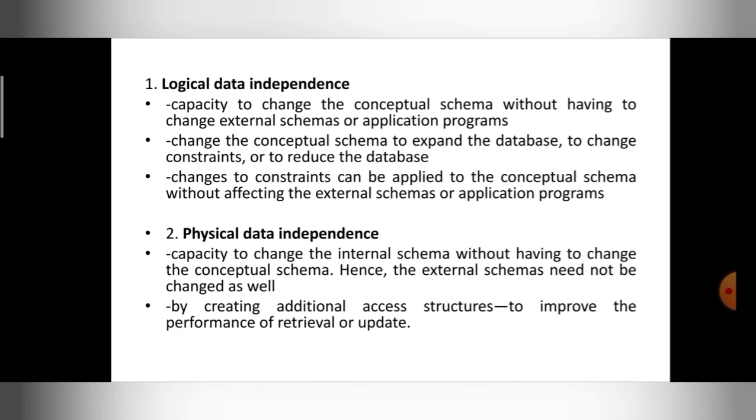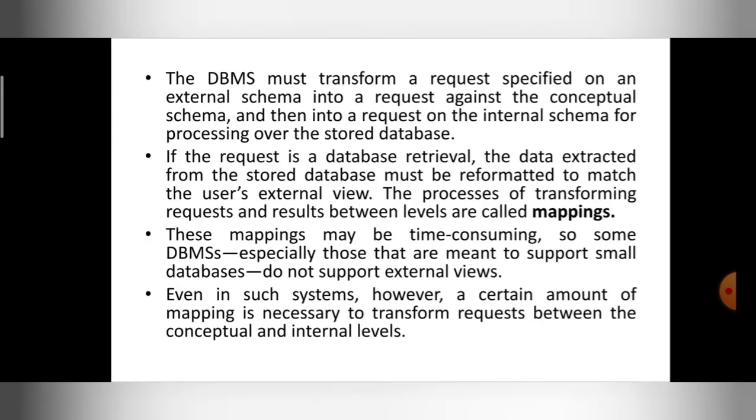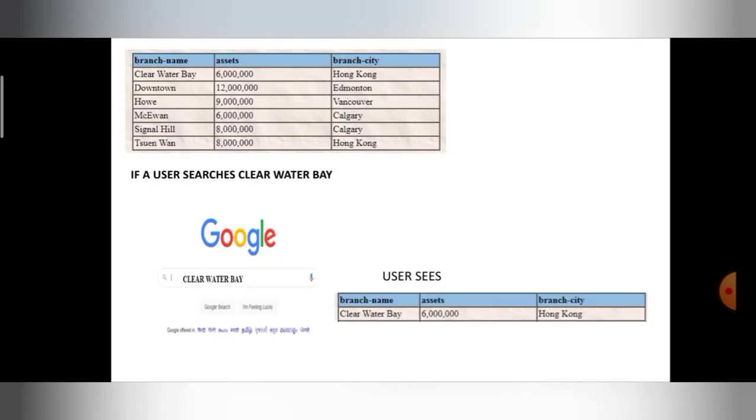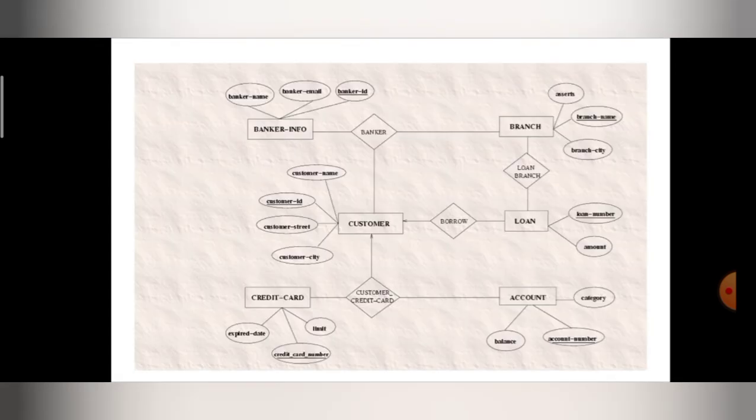Next, physical data independence. Here, it is the capacity to change the internal schema without having to change the conceptual schema. That means if you want to change any details of internal storage, you can change that without having to change the conceptual schema. For example, here, if you want to delete Clearwater Bay, you can delete it. Even if you delete Clearwater Bay, this diagram, this conceptual schema, won't be affected.